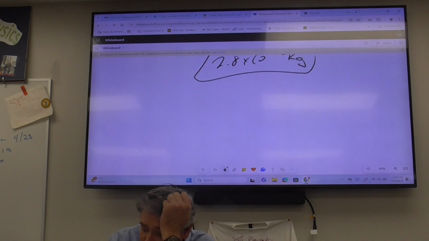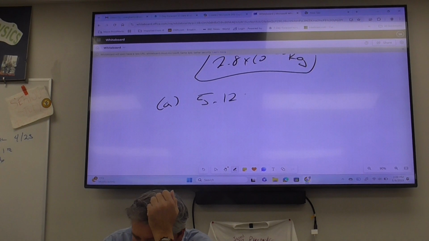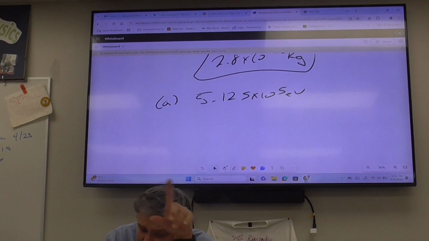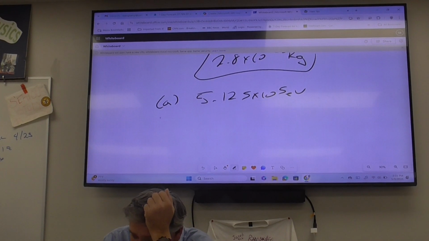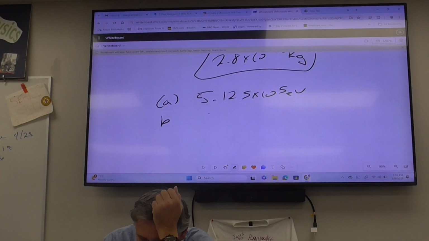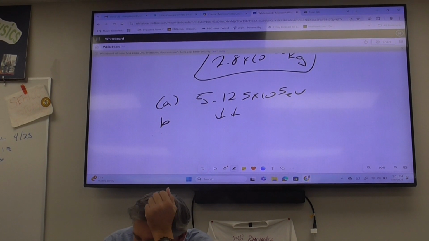So let me quickly write down the answers to that one. So A is, I did this in electron volts, 5.125 times 10 to the 5th eV. This is one that starts off with the electron and the positron. B, you also get that exact same answer, oddly enough.